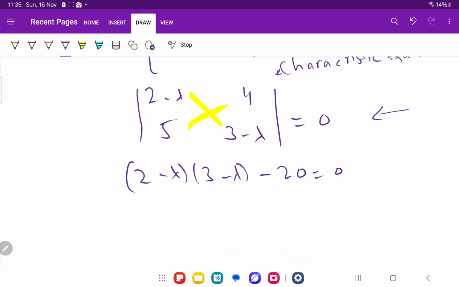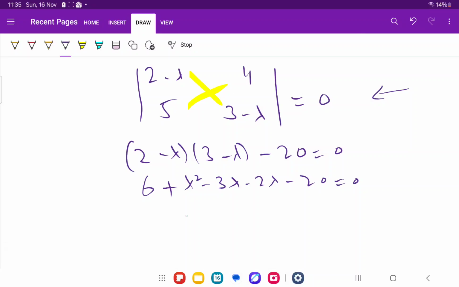Now solving: 3 multiplied by 2 is 6, plus lambda square, minus 3 lambda, minus 2 lambda, minus 20 equal to 0. We expand both brackets. So by solving, lambda square minus 5 lambda minus 14 equal to 0.